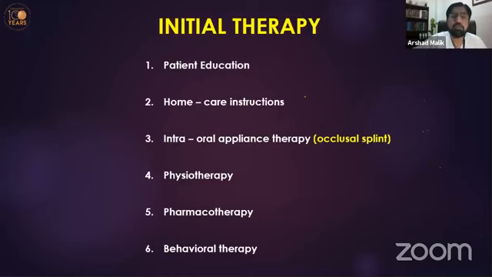For that purpose, how to proceed: first is patient education, and a very important thing is the home care instruction, then intraoral appliance therapy, sorry, physiotherapy, pharmacotherapy, and then lastly the behavior therapy.